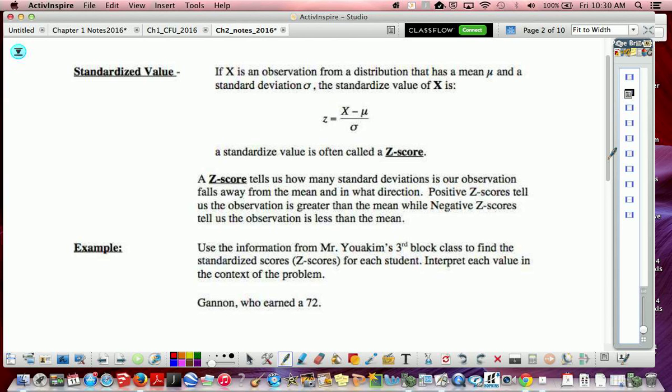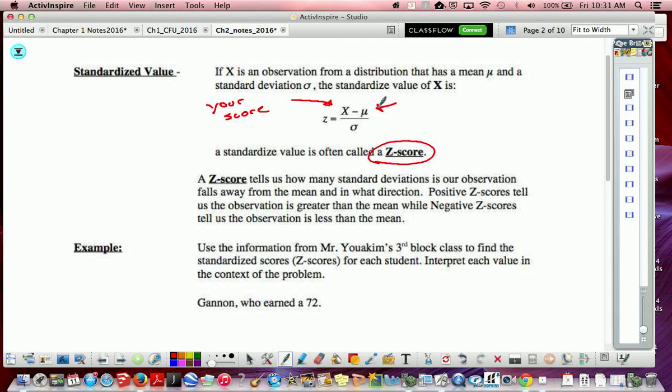from the mean. Okay? So how you calculate a standardized score, otherwise known as a z-score, get to know that, love it, make it your best friend, because we will do z-scores a lot in this course. What z represents is you're going to take your score, and that's what x represents.